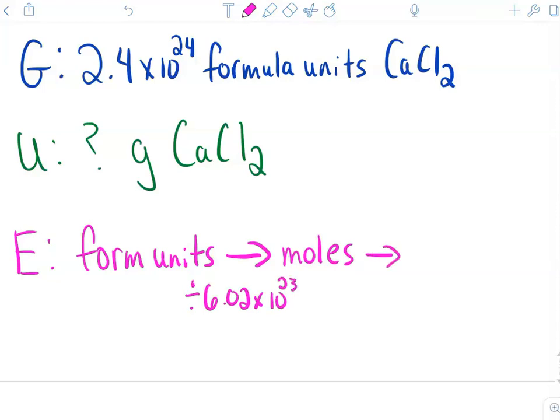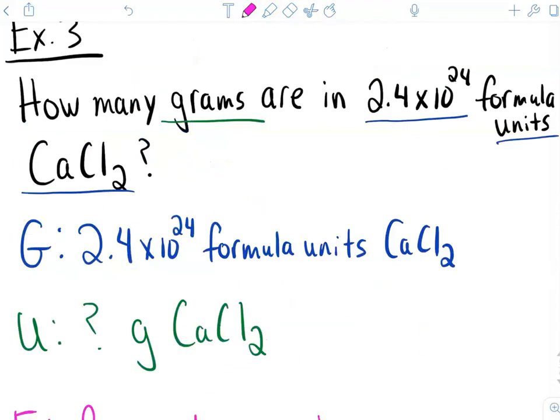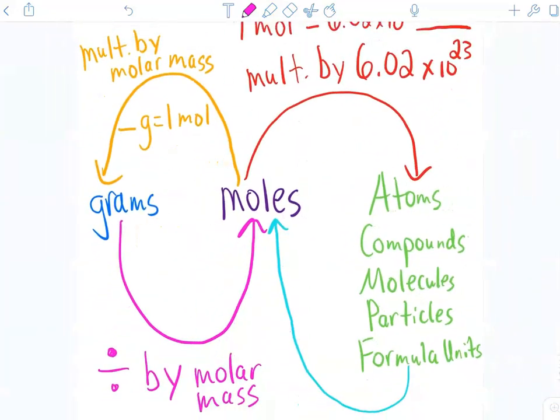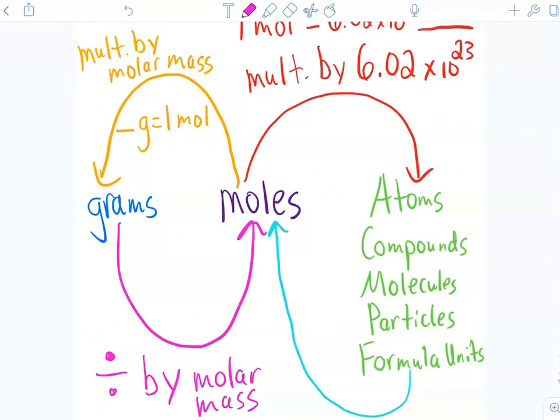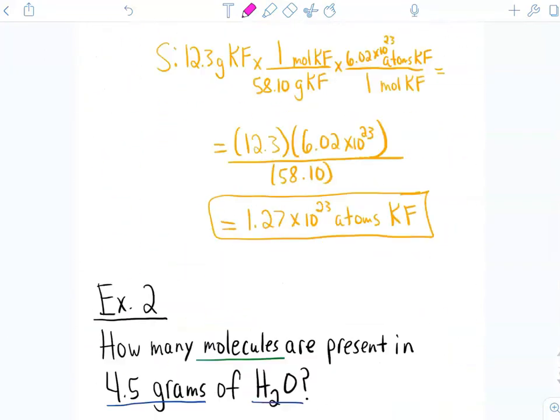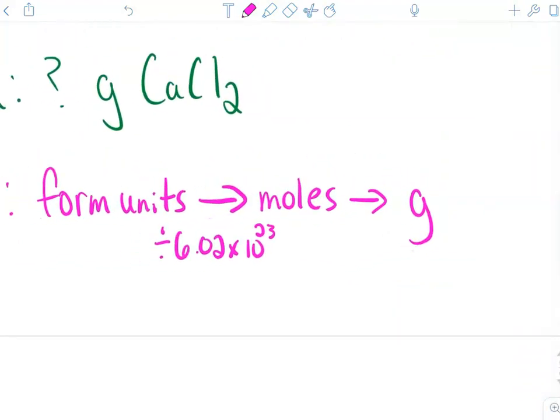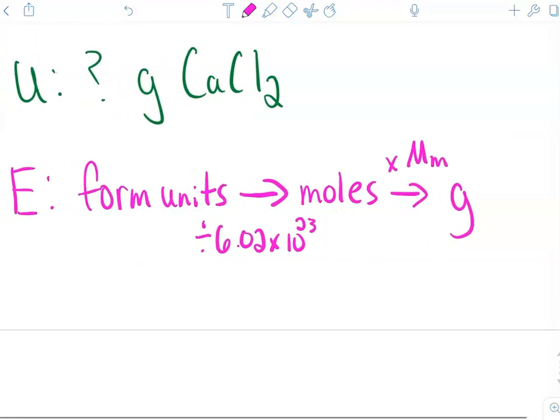Okay, and then from moles, I can get to grams. And then if I scroll back up, the way that I do that is we're going to multiply by our molar mass. Okay, and remember, big M, little m is molar mass. So we're going to have to find the molar mass.